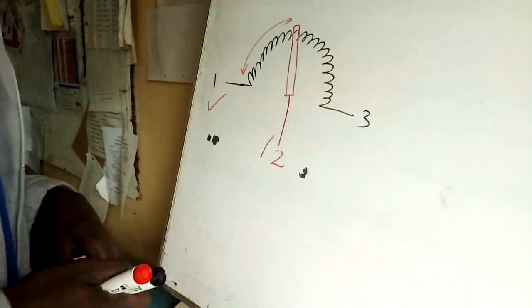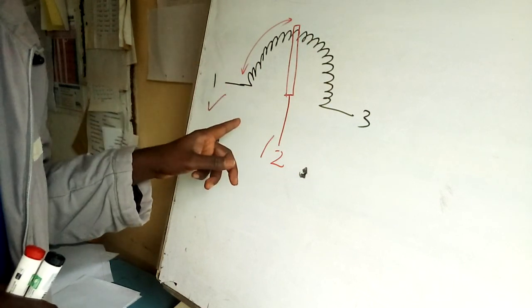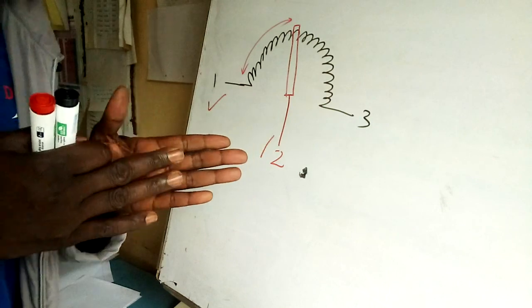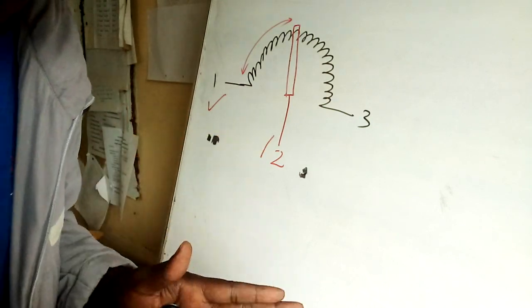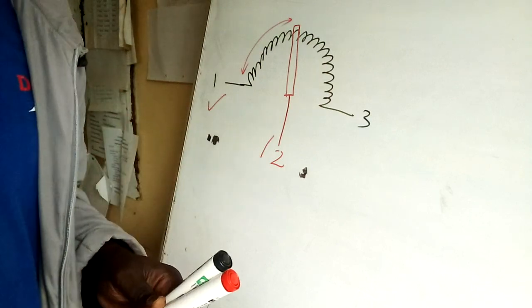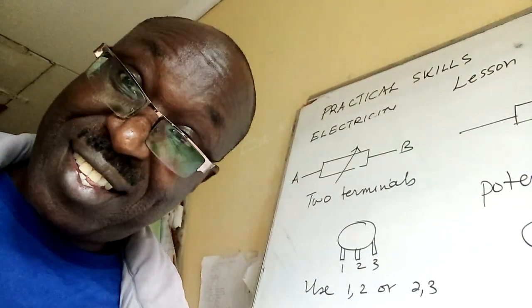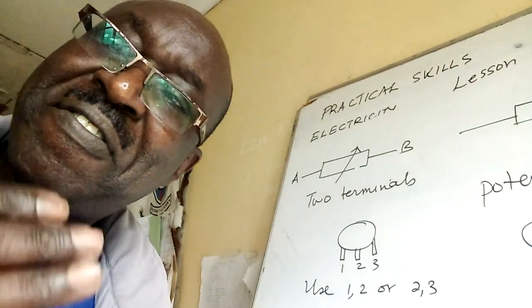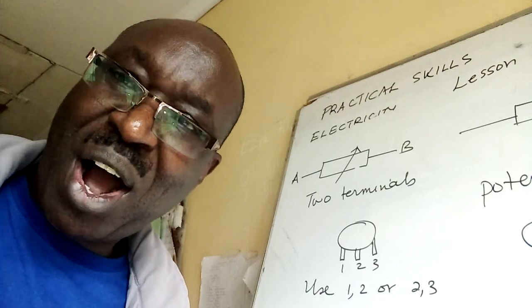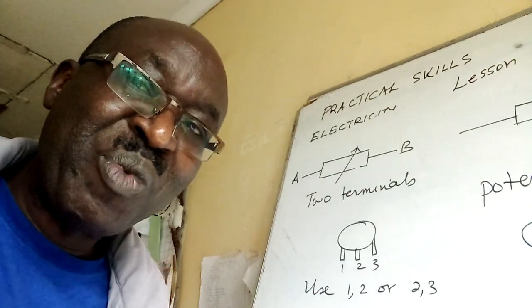So this is a variable resistor. It allows for variation of length of a resistor. That wire is a resistor. When we vary the length of the wire, we call it a variable resistor.